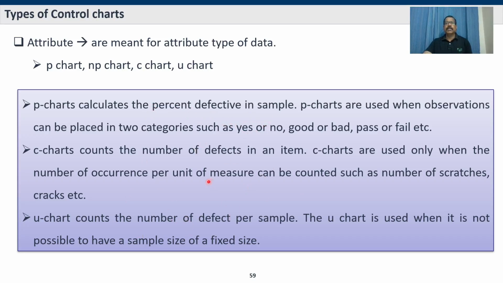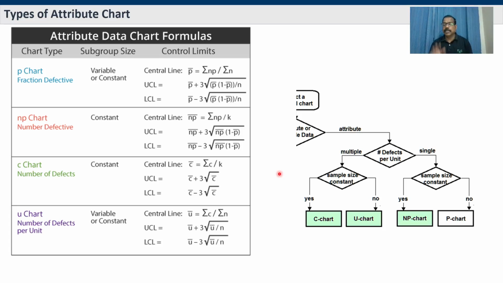So if you remember this understanding, it is fine to decide which chart we have to consider for a control chart for attributes. The formulas are similar to your X bar: you have a central line value, upper control limit, and lower control limit. P chart means fraction defective, percentage.